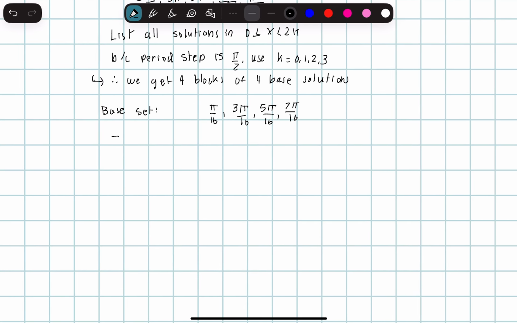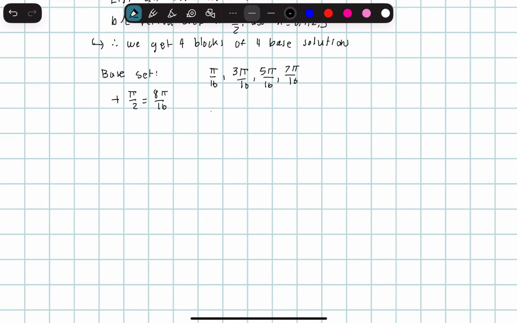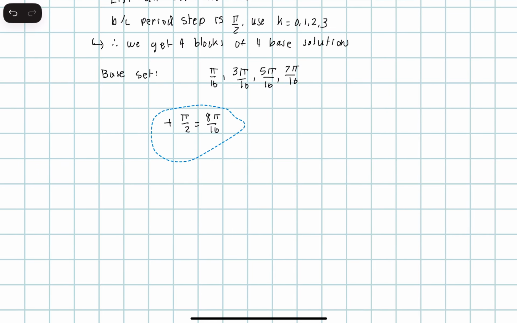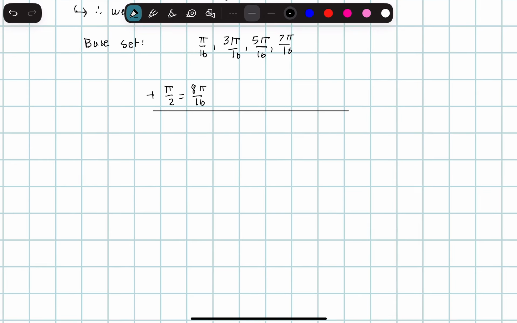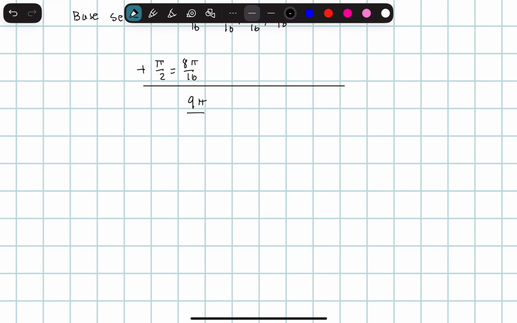Now we can add pi over 2, which is equal to 8 pi over 16 in common denominator, to each of them. You just get 9 pi over 16, 11 pi over 16, 13 pi over 16, and 15 pi over 16. Now we can add pi, which is equal to 16 pi over 16, to each of them.